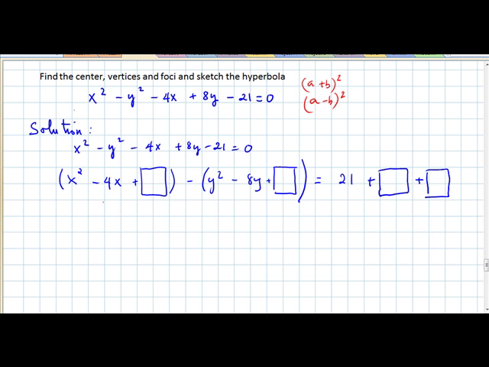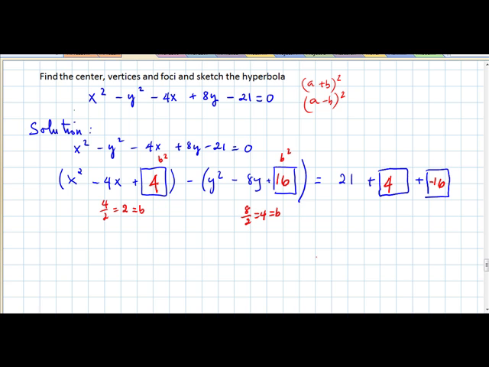The 4 divided by 2 stands for the b value, which is 2. Then this stands for b squared, so b squared will be 4. So I put 4 here also. Over here, I have 8 divided by 2, which is 4. And this stands for b squared, so I have 16 here. But I have a minus in front of this, so I put minus 16 here.